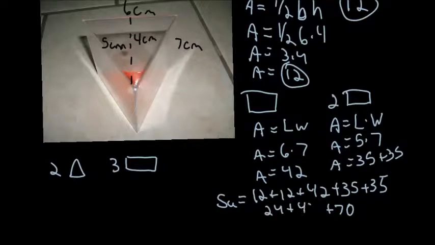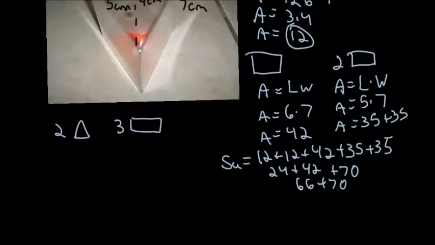So now I got 24 plus 42 plus 70. So 24 plus 42 would be 66, plus 70 would be 136. So my surface area would equal 136 centimeters squared.